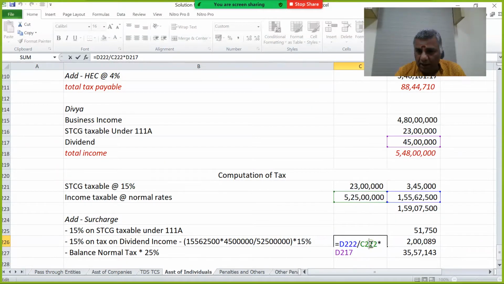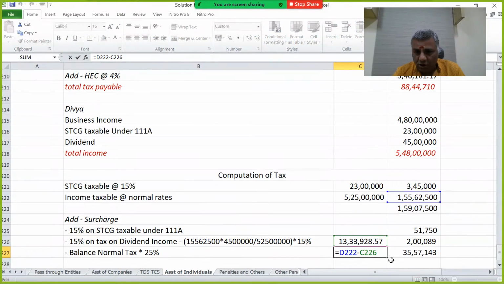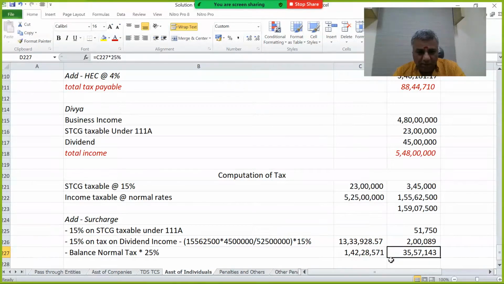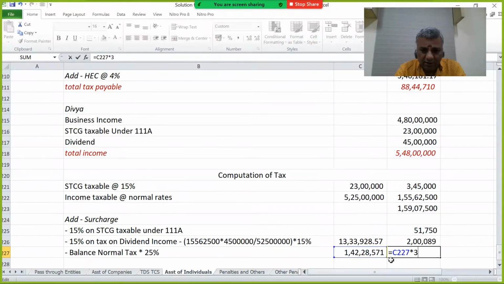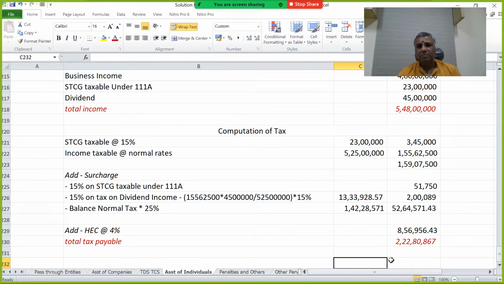This is the formula for this portion, taxed at 15%. On the balance, it will be 37%.